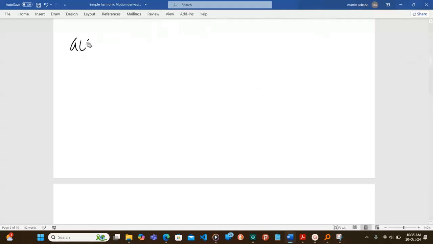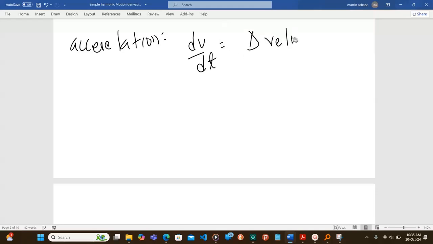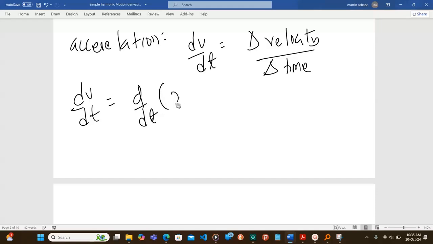Then what about acceleration? Acceleration is dv/dt, because from the definition, acceleration is the rate of change of velocity with respect to time. So we can differentiate velocity with respect to time, so that dv/dt will be d/dt of r omega sine omega t.